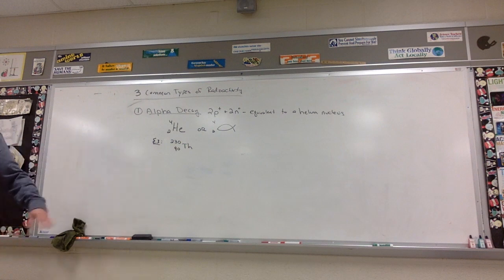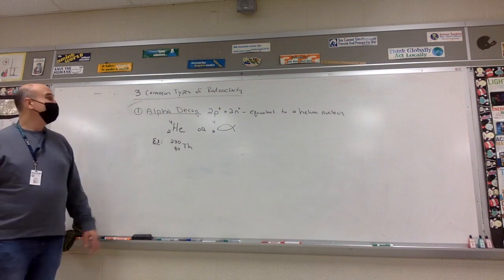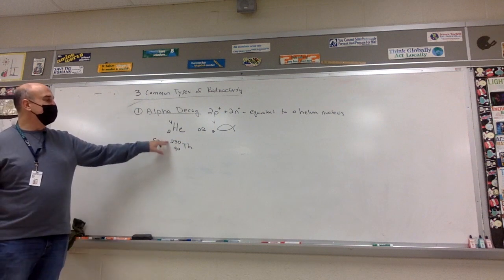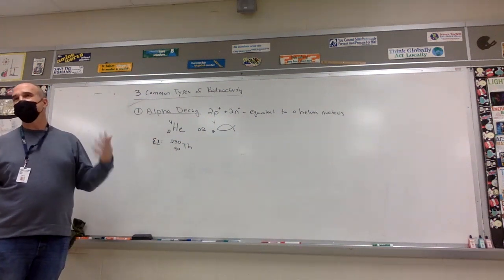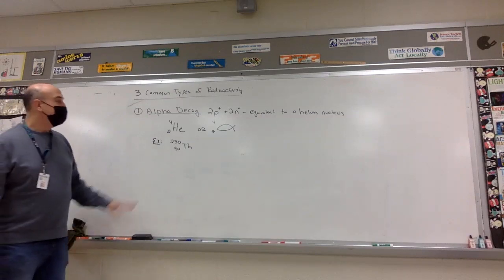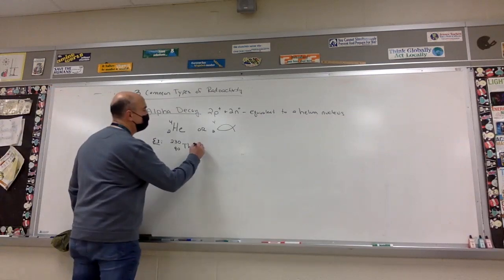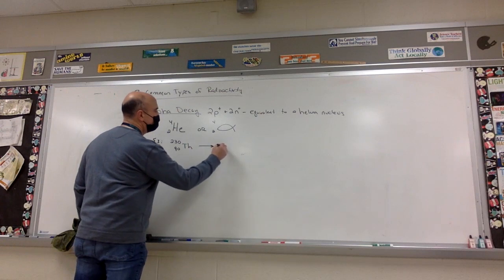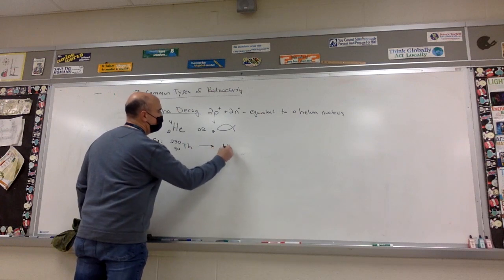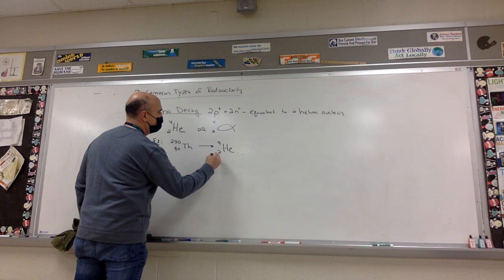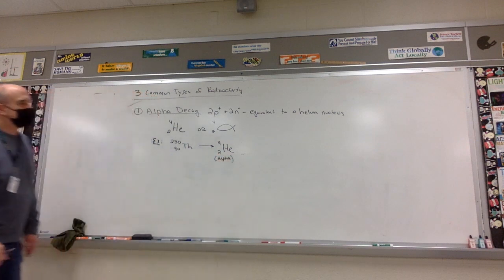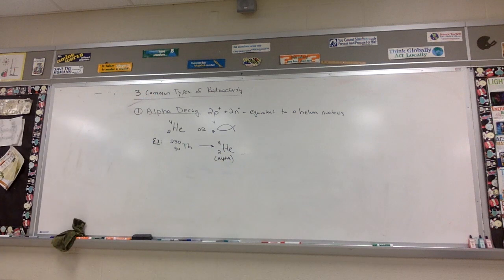It's number 90 on the periodic table. And one of the isotopes of thorium is thorium-230. There's lots of isotopes of thorium, but this is one that gives off an alpha particle. So just remember that He-4-2 just represents an alpha particle. It's not really helium.